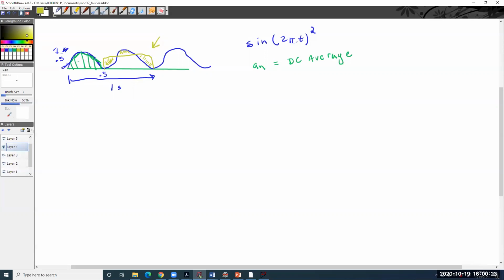And so that rectangle is going to be 0.5 long. If I have it 0.5 high, I'm going to get 0.25.